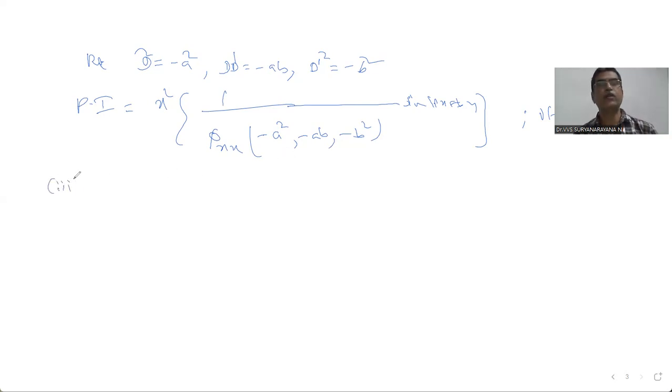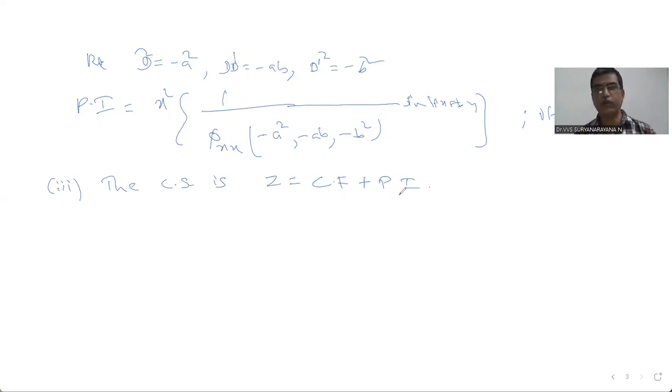And then the last step is the complete solution is given by z equal to CF, which we have obtained in step number 1, complementary function, and then PI, which we have learned in step number 2. In step number 1, we already calculated complementary function by taking that f of d dash LHS operator only.